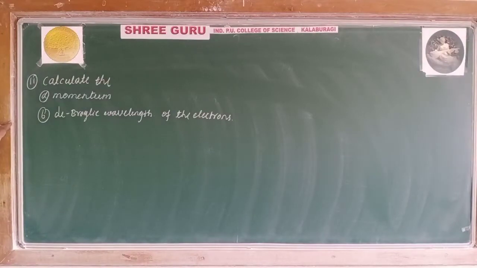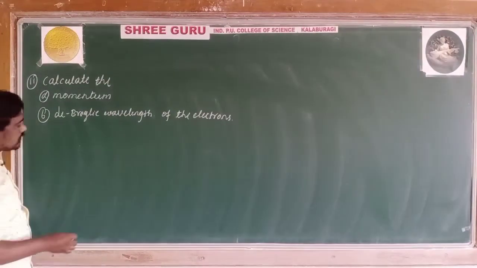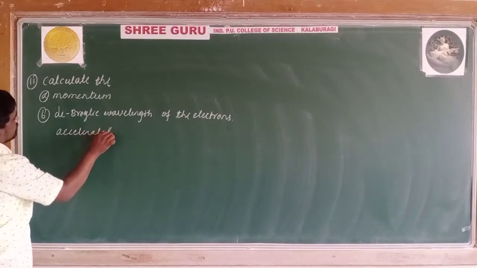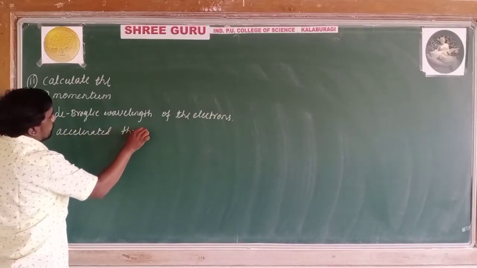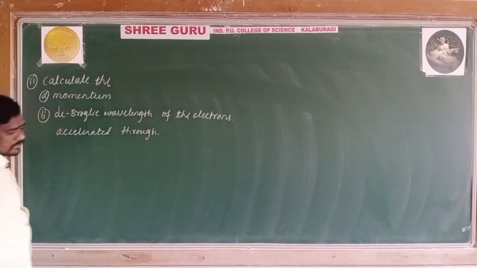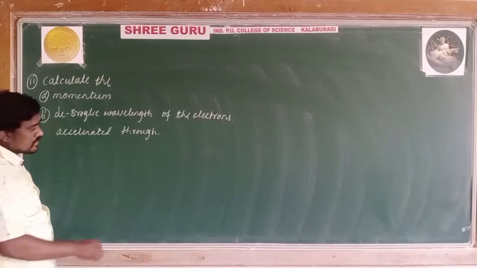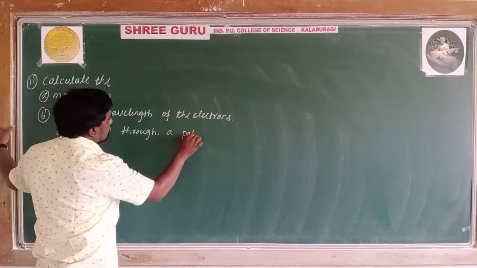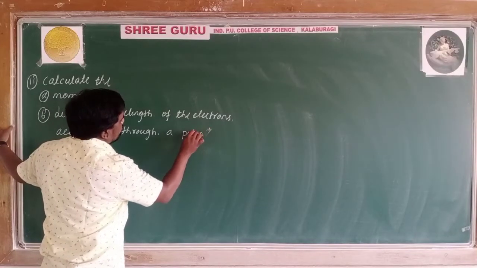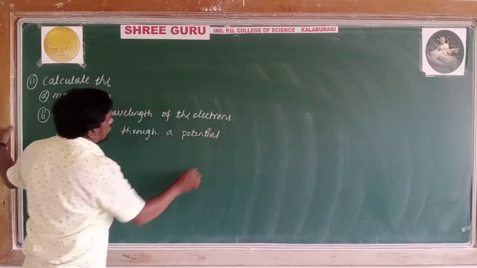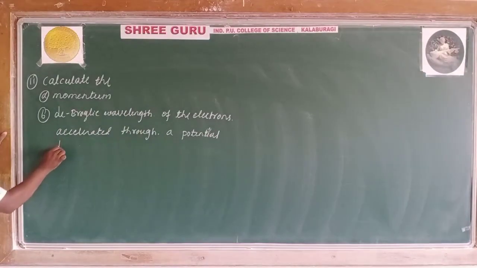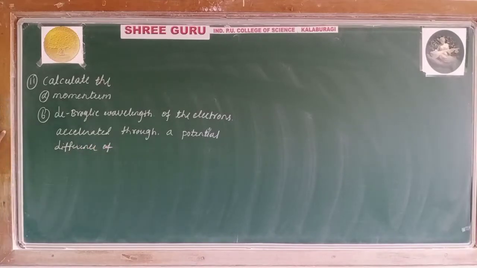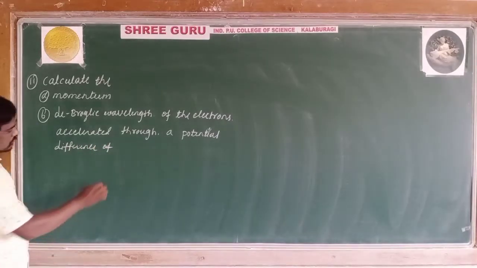De Broglie wavelength of the electrons accelerated through a potential difference of 56 volt.